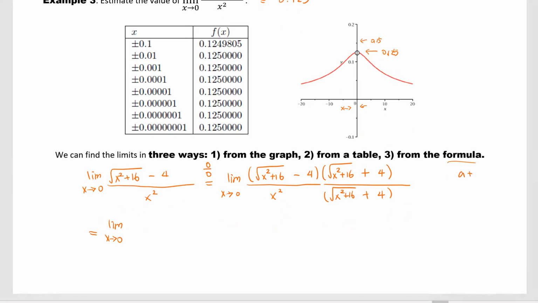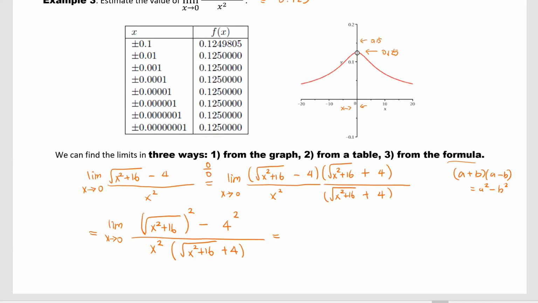Well, because a plus b times a minus b is a squared minus b squared. The square will actually help us to get rid of the square roots, right? So this is our a, this is our b. So a squared becomes square root of x squared plus 16 squared minus b squared, which is 4 squared. And then the denominator is still there, so copy it.